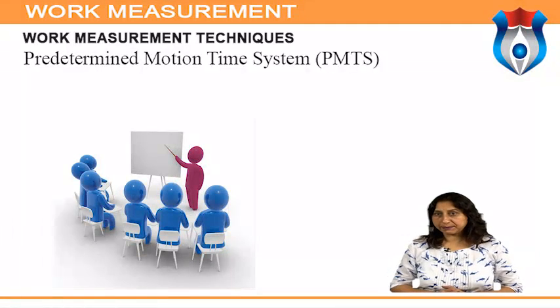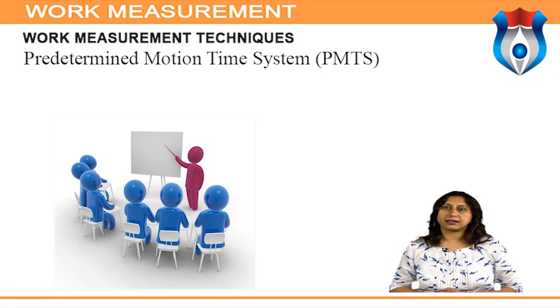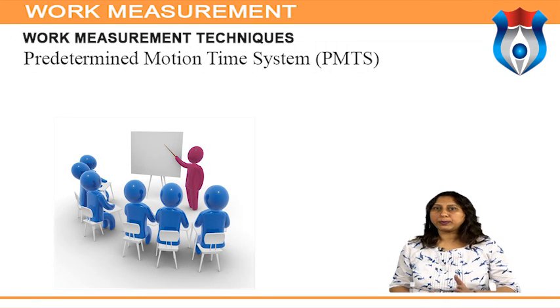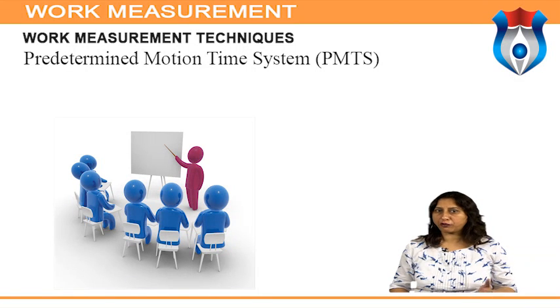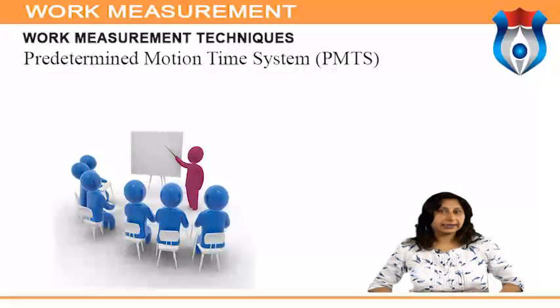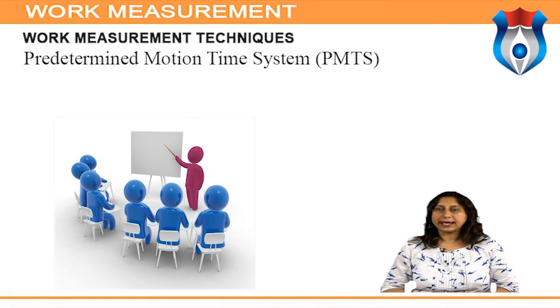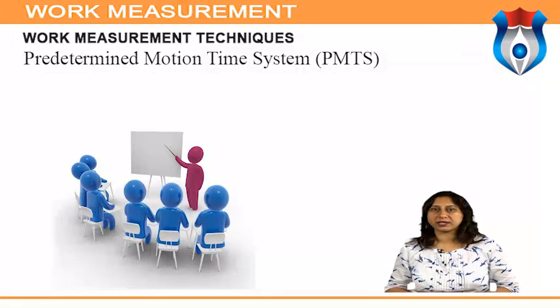Predetermined Motion Time System, PMTS. It is defined as a work measurement technique by which normal times are established for basic human motions, and these time values are used to build up the time for a job at a defined level of performance.